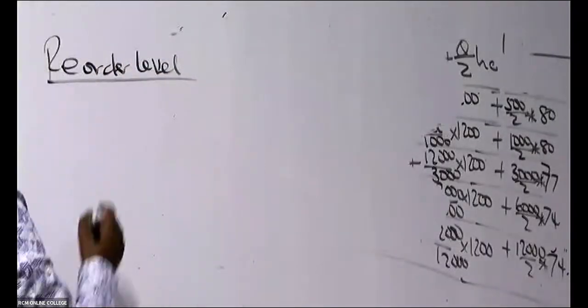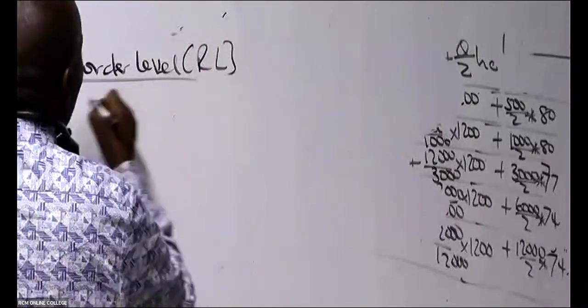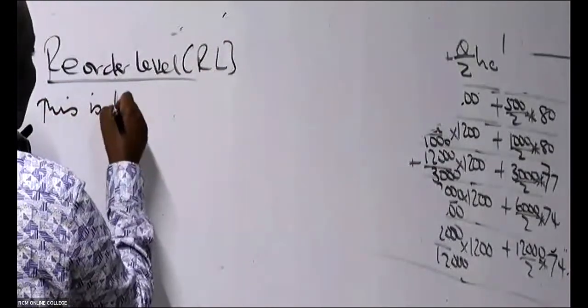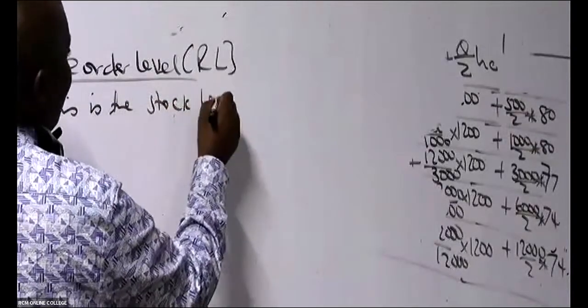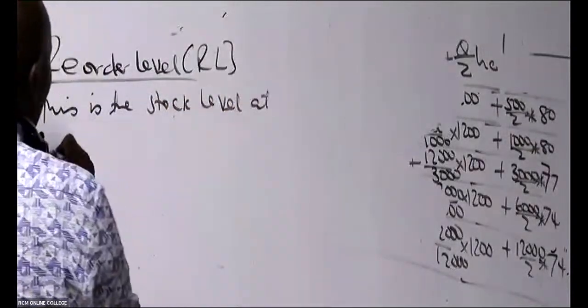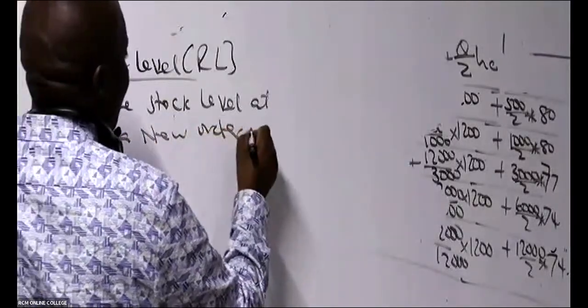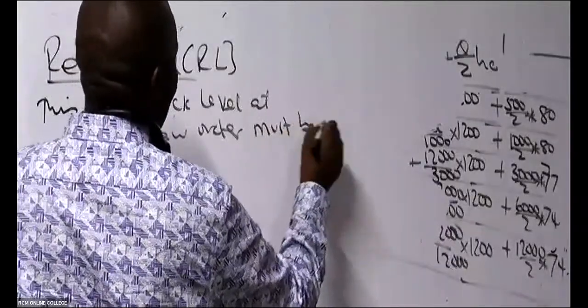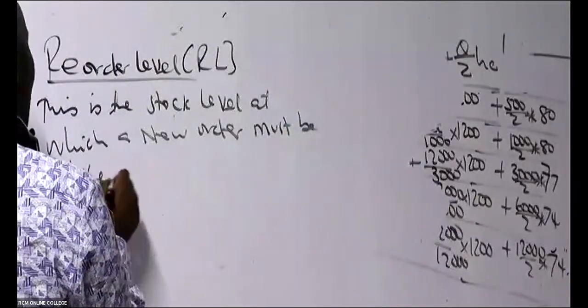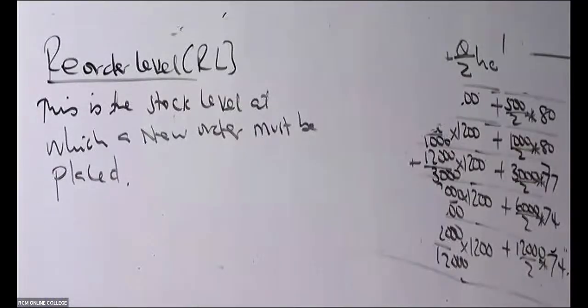So remember that reorder level is the stock level at which a new order must be placed. If you've got, say, 1,000 units in stock, you are consuming, so it will be 900, 600, 500.